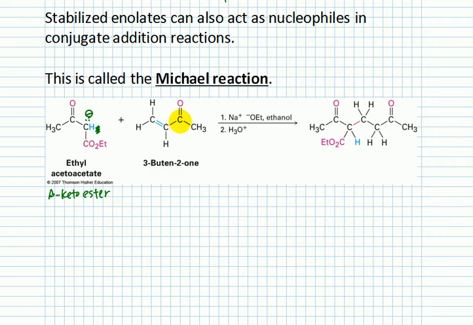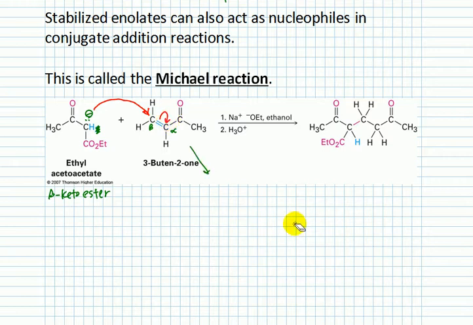This is 3-buten-2-one, right? So CH2 double bond CH, then C double bond O, CH3. So we have alpha, beta. The enolate from acetoacetate here adds to the beta carbon. Then remember what I said we can do. We can just put those electrons right on the alpha.